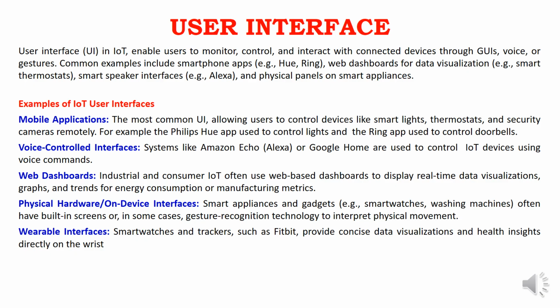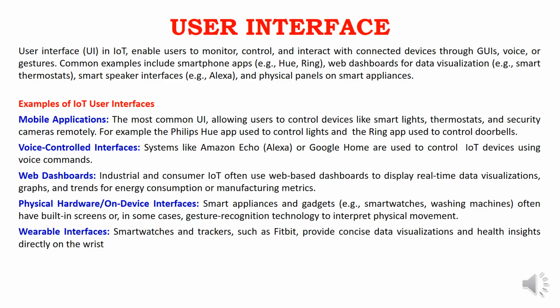First one, mobile applications. Most common UI allowing users to control devices like smart lights, thermostats, and security cameras remotely. For example, Philips Hue app used to control lights and Ring app is used to control doorbells. Voice controlled interfaces.